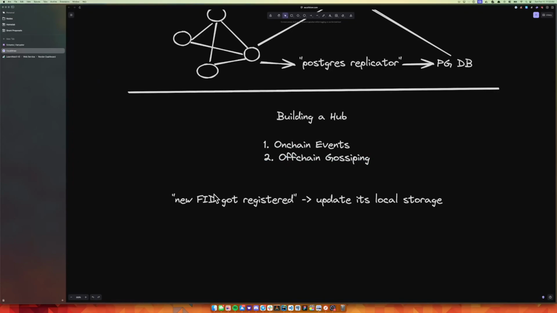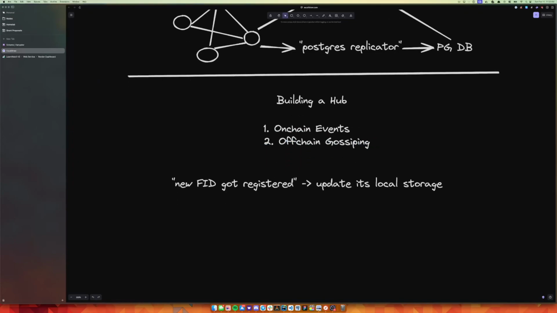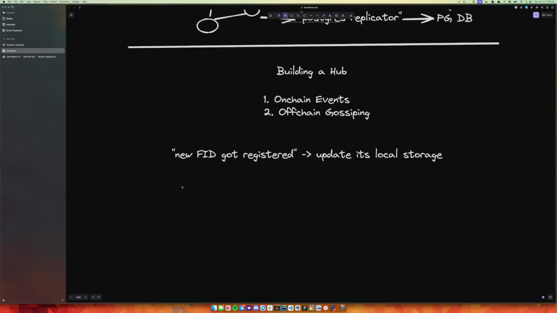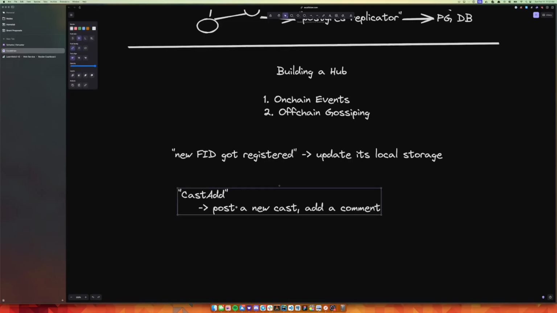And then once we get to the gossiping point, we peer with the other hubs, we're sending information back and forth, and you can imagine you get some sort of message. There's a message type called cast add, and this is what happens when you post a new cast or add a comment or something like that.